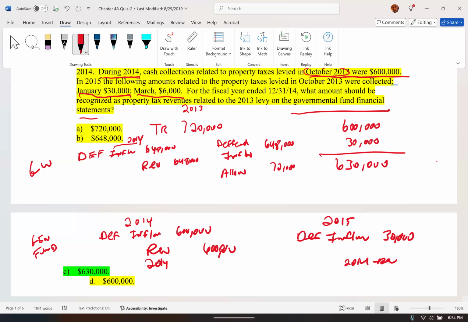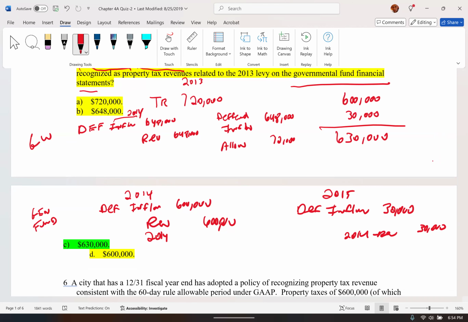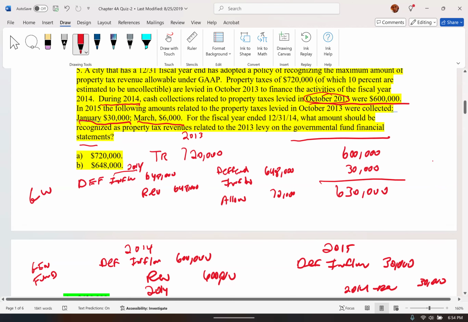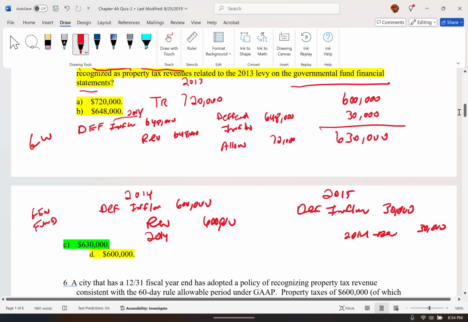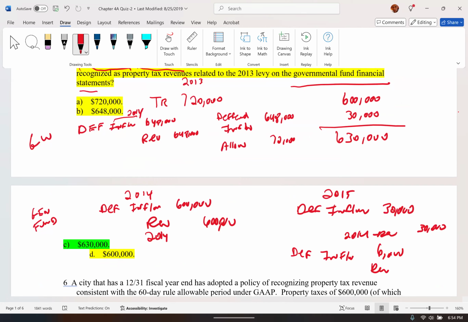And for the March amount, 6,000, which is 2015, when that finally comes in, I'd debit the deferred inflow for that remaining 6,000 and credit revenue. That's 2015 revenue for 6.